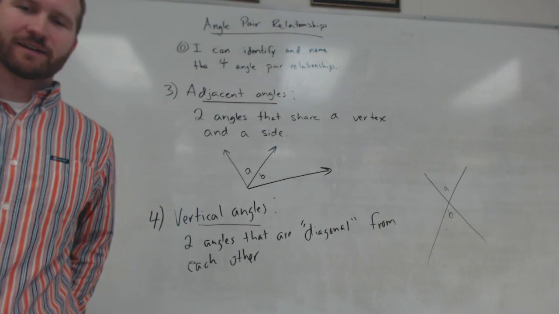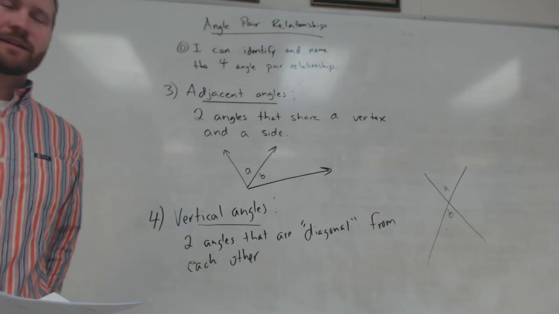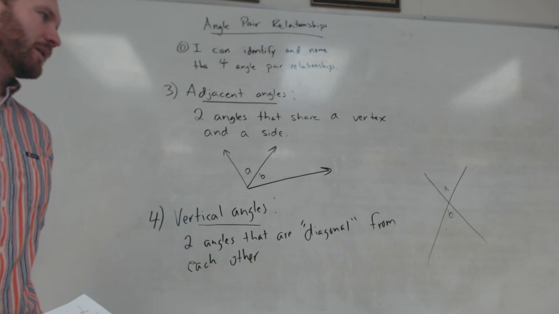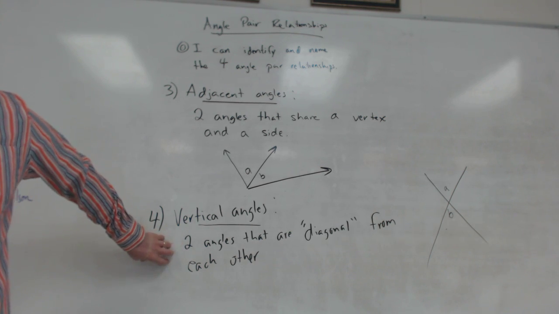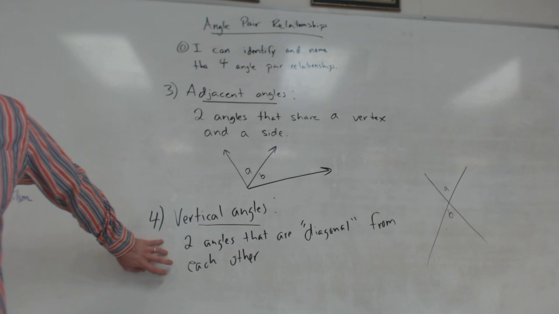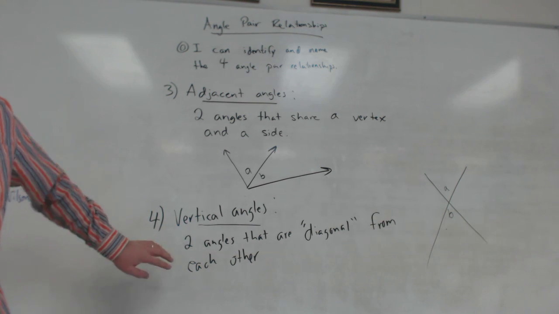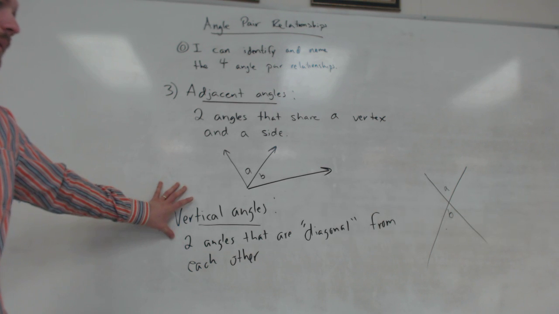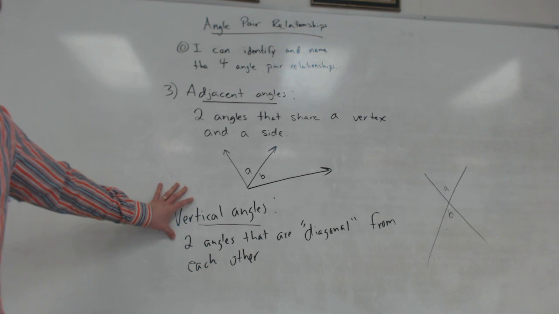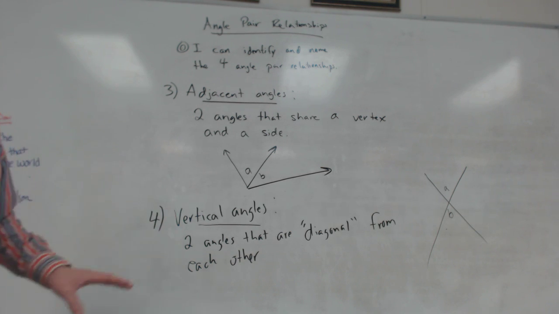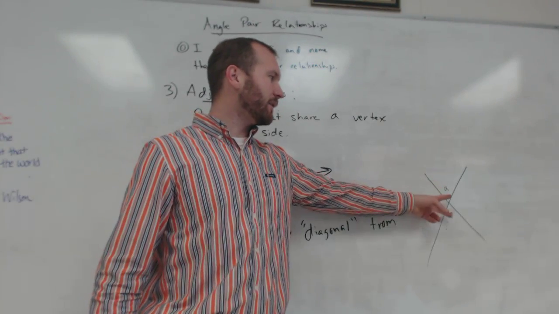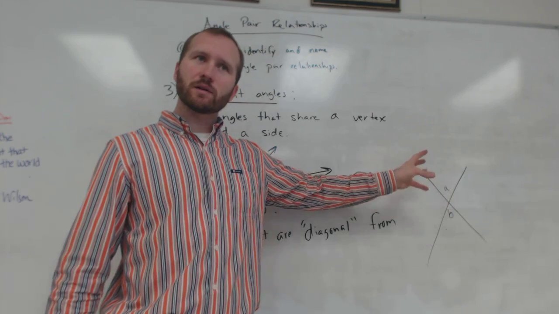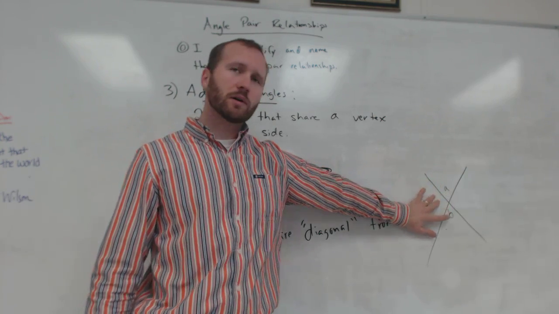So A and B are the same. There's a really important thing called the vertical angle theorem, which we'll look at later in terms of how we actually prove this. But there's something that we know about vertical angles, which is that a set of vertical angles is always equal. A would be equal to B.